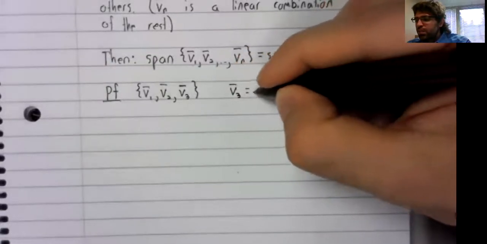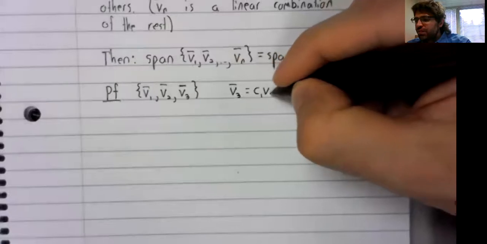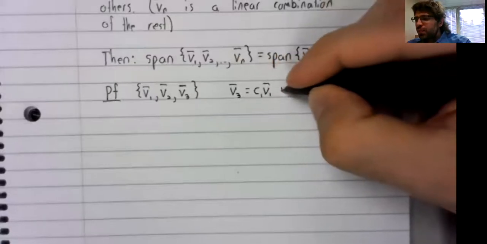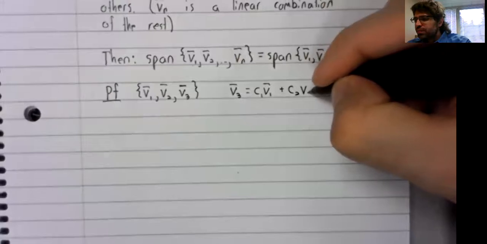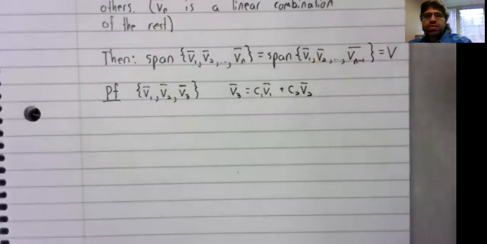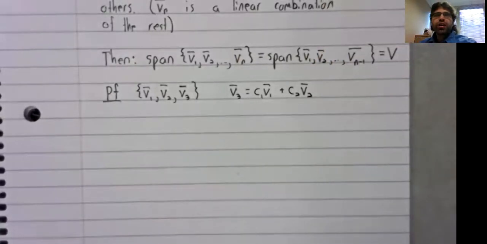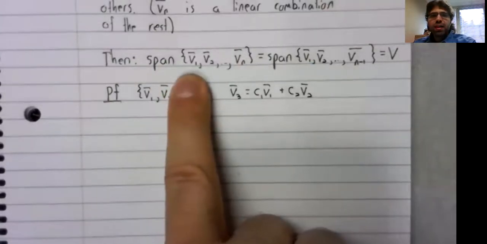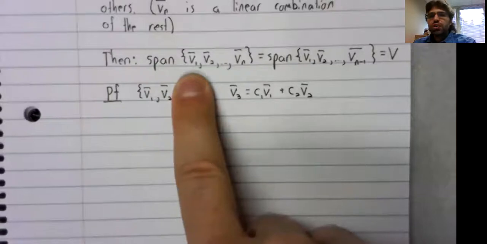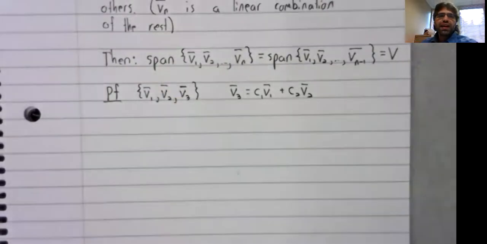And our assumption is that one of these vectors is a linear combination of the others, and we want to argue that kicking it out of the set doesn't change the span of the set.